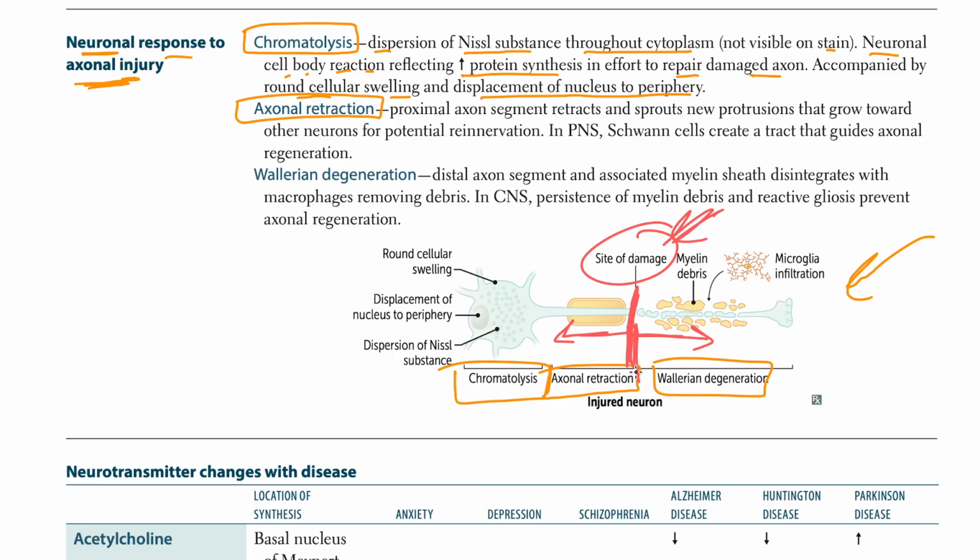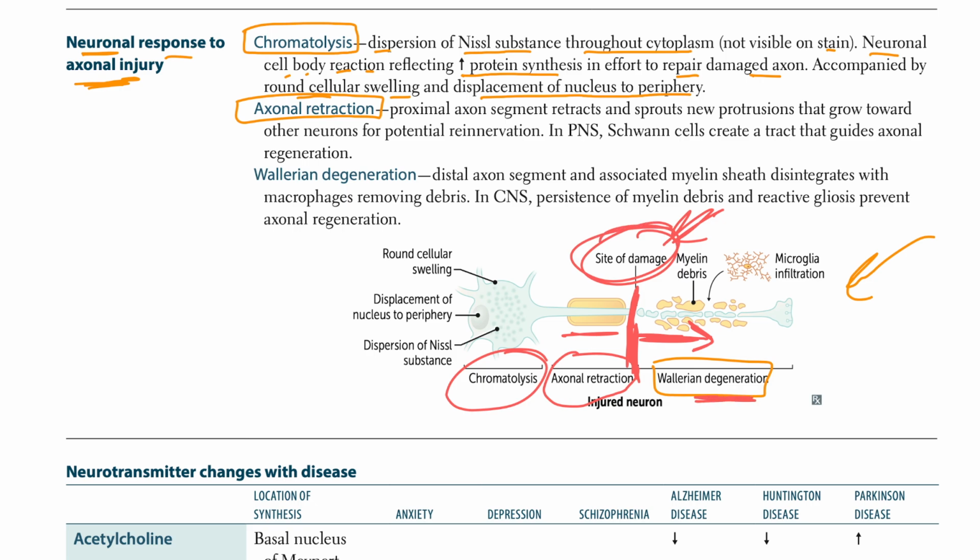The two things occurring proximal to the site of damage are chromatolysis and axonal retraction, while distal to the site of damage is Wallerian degeneration.